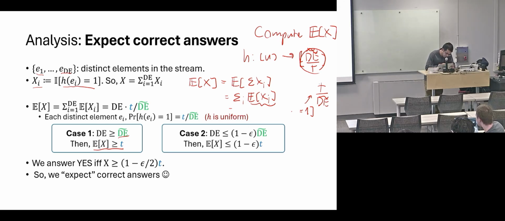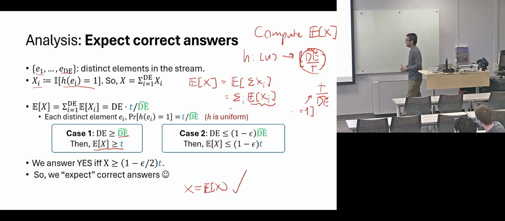So basically, if X is always the expectation of X, then we are good. But they might not be exactly equal all the time, right? X is a random variable, so the next goal is to say that X should be close to the expectation with good probability.